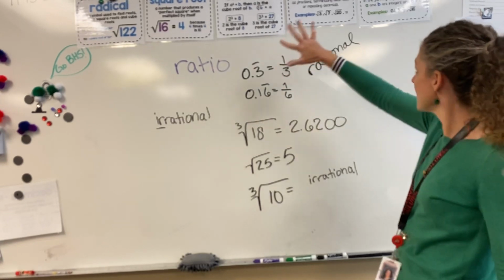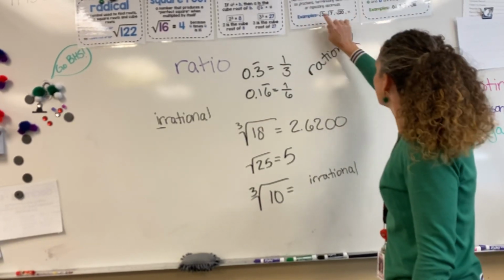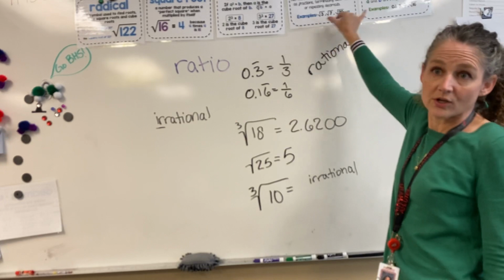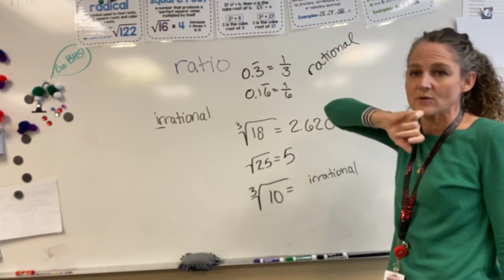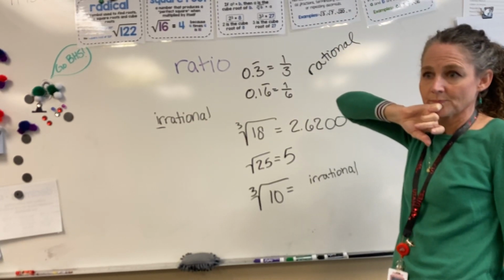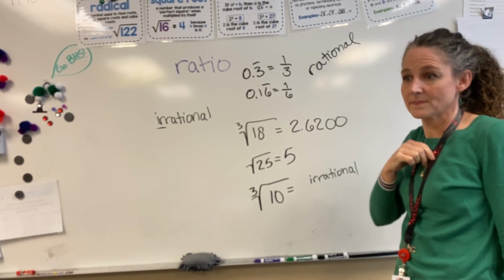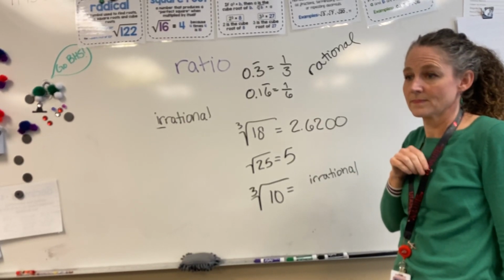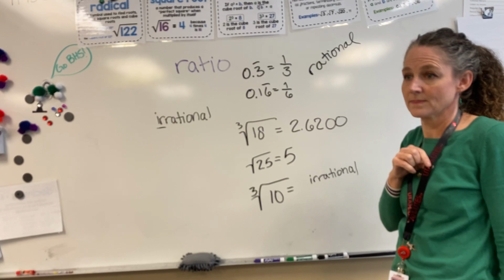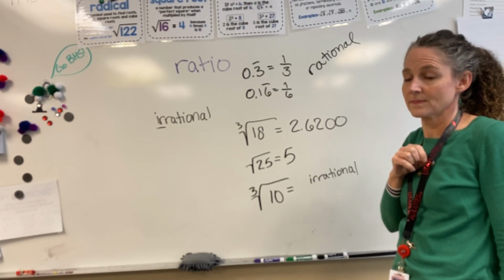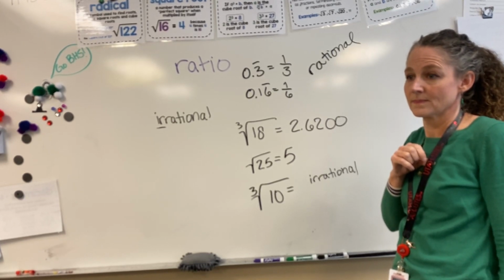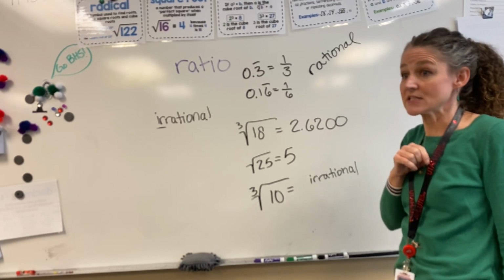So we've got a lot happening up here, but if you can't remember, you've got these up here. Anybody have any questions? If the index isn't shown, it's a 2.